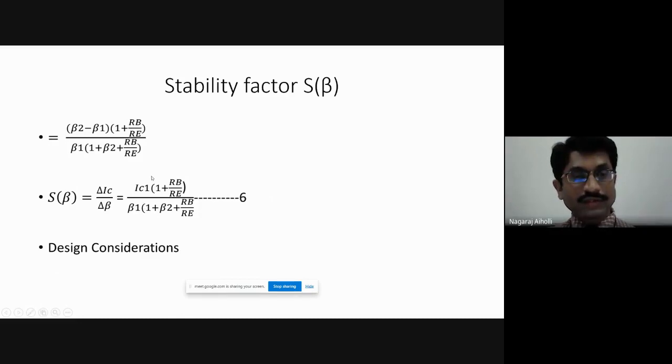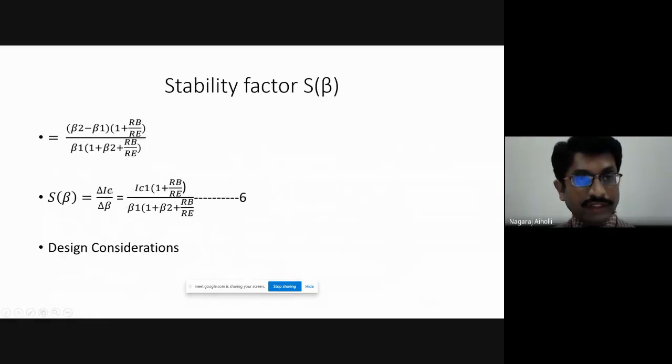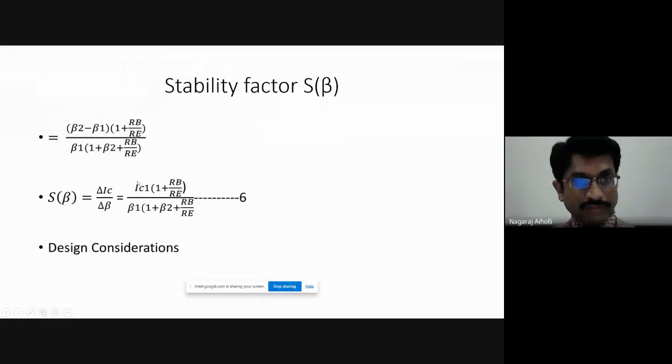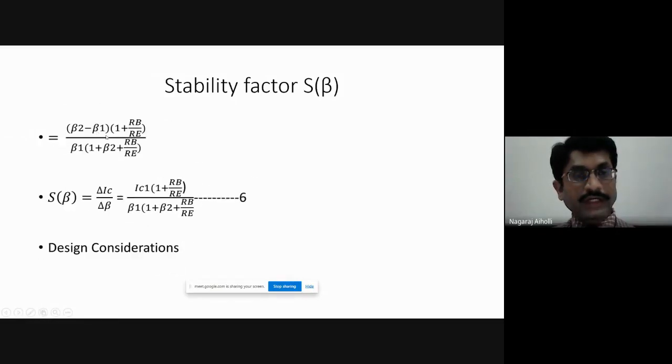Fine. So how did we get here, students? What is the simplification we performed? Beta 2 minus beta 1 was common, and we obtained that equation. Then delta IC by IC is equal to delta beta into 1 plus RB by RE divided by beta 1 into 1 plus beta 2 plus RB by RE.